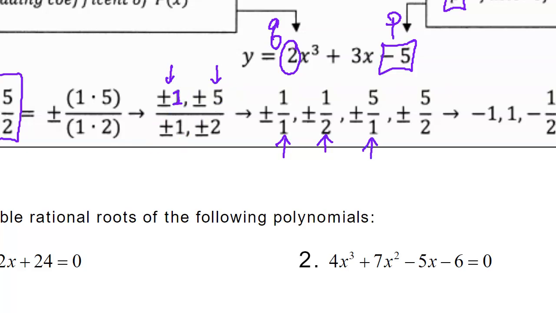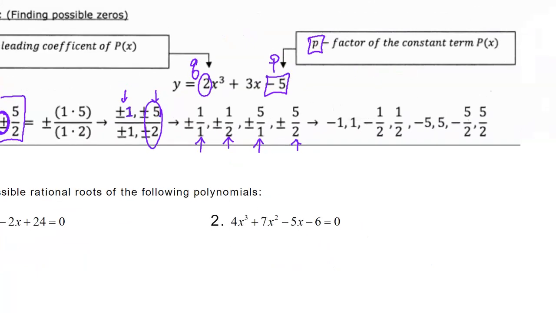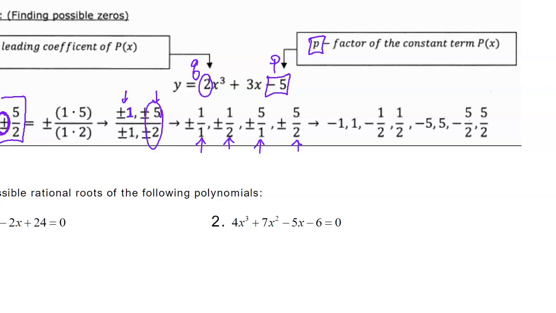And my last combination is 5 over the second denominator, 2. And then I list both the positive and negative versions of these fractions. So I have a -1 and a +1, a -1/2, +1/2, a -5, +5, -5 over 2, +5 over 2.